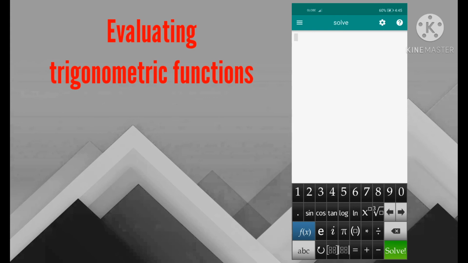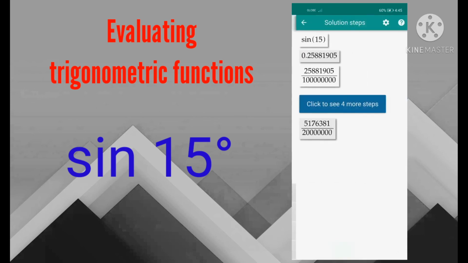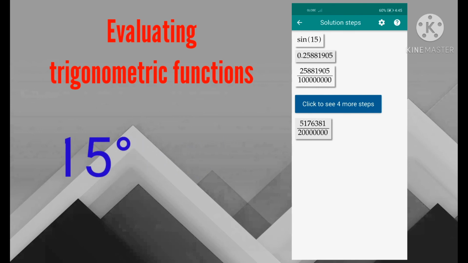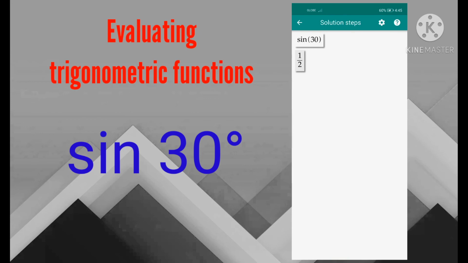So, let us say sine 15 degrees. So, sine, pindutin yung 15. Ayan, solve. So, sine 15 degrees is equal to 0.2588190. 5. Okay? Ayan. So, halimbawa, sine 30 degrees. Okay. Sine 30 degrees is equal to 0.5 or simply 1/2.